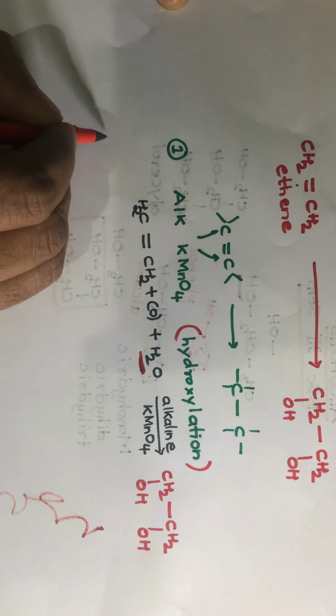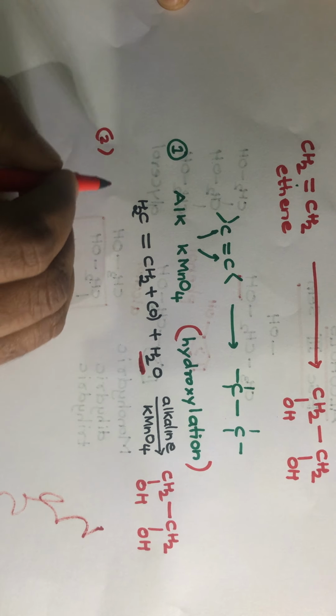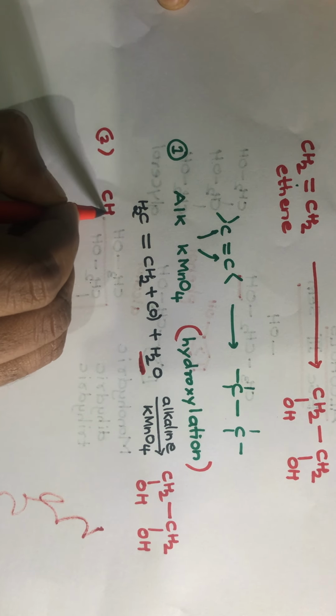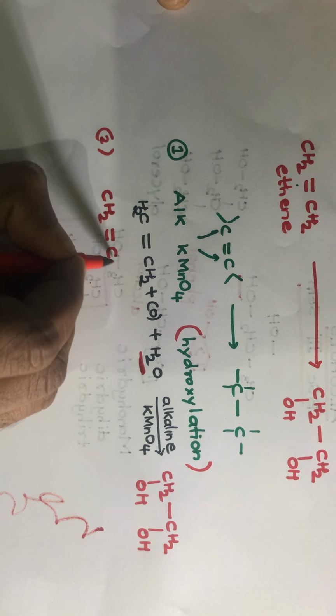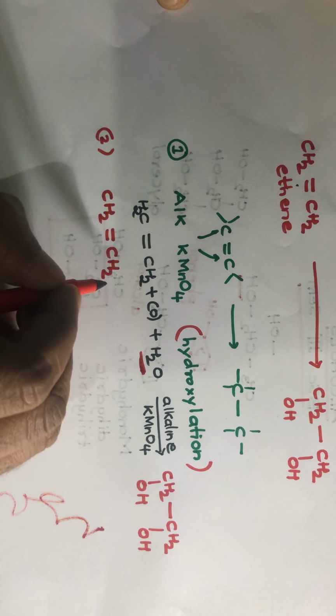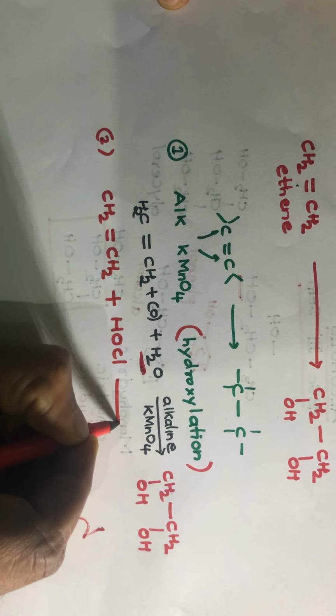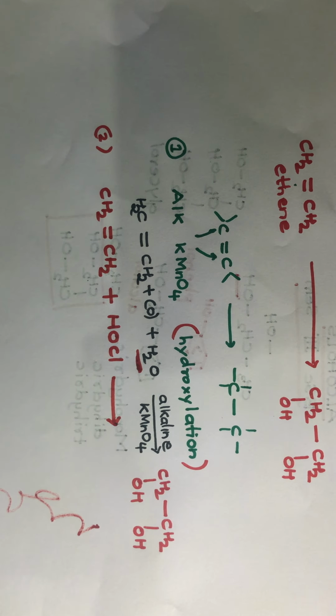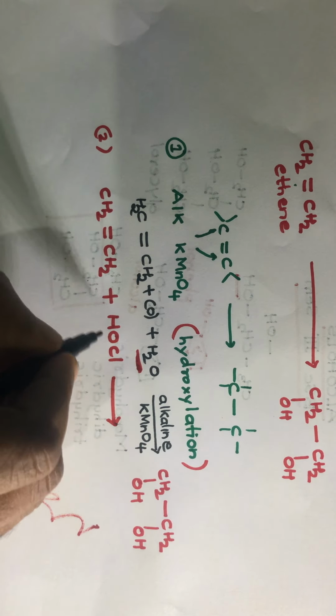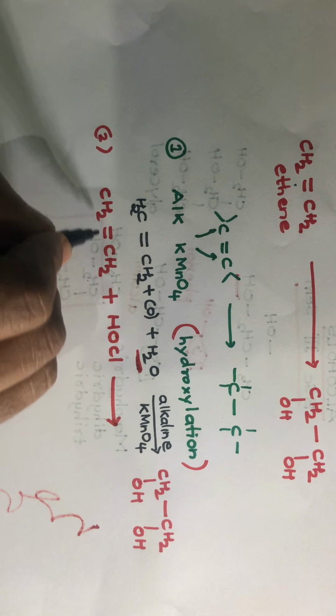Now, the second method. In this method, ethene gas is treated with hypochlorous acid, that is HOCl. So addition takes place across the carbon-carbon double bond.